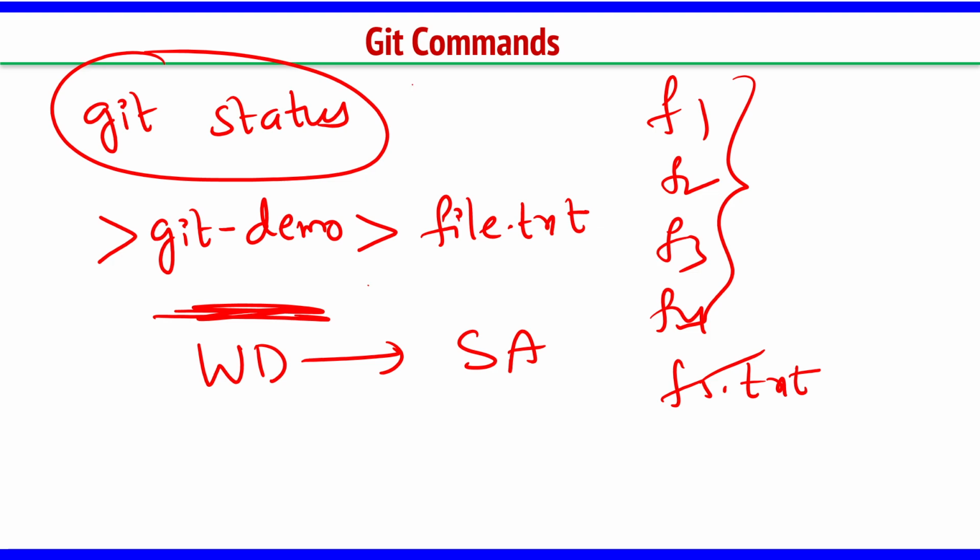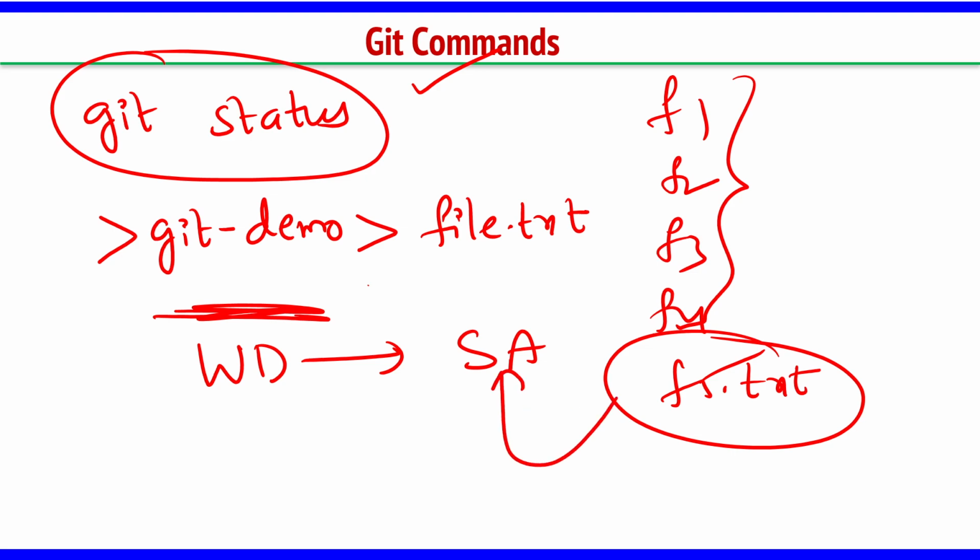When I give git status, it will show me recently modified or created file names which are not yet committed, ready for committing, the recently changed files which are ready to be kept in the staging area.